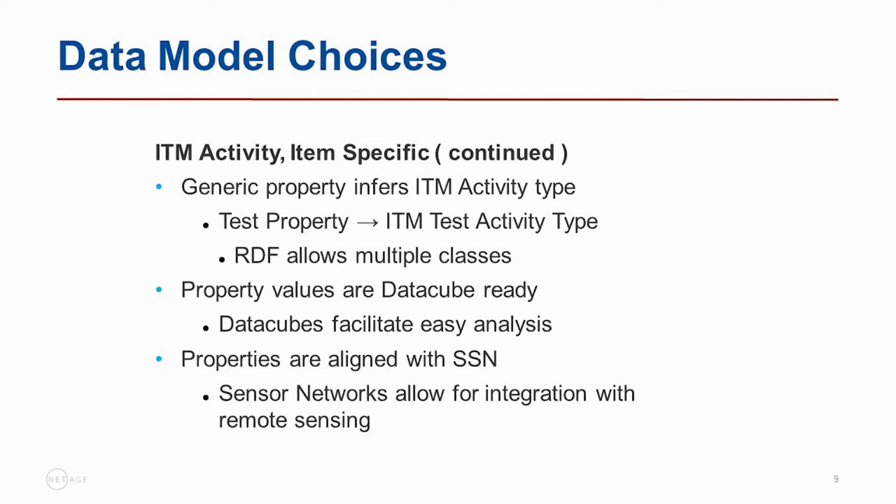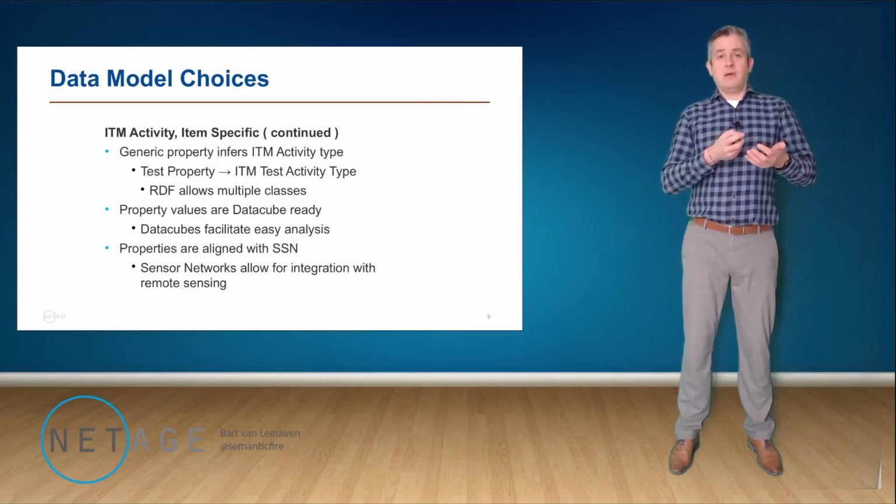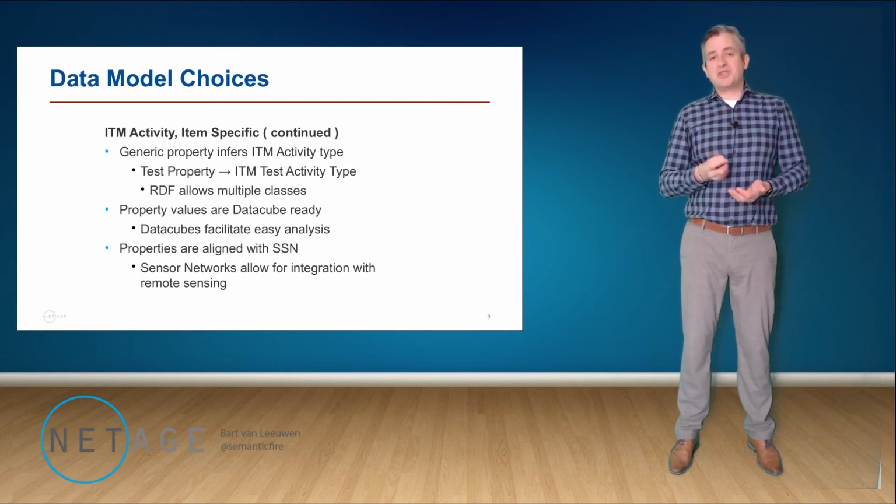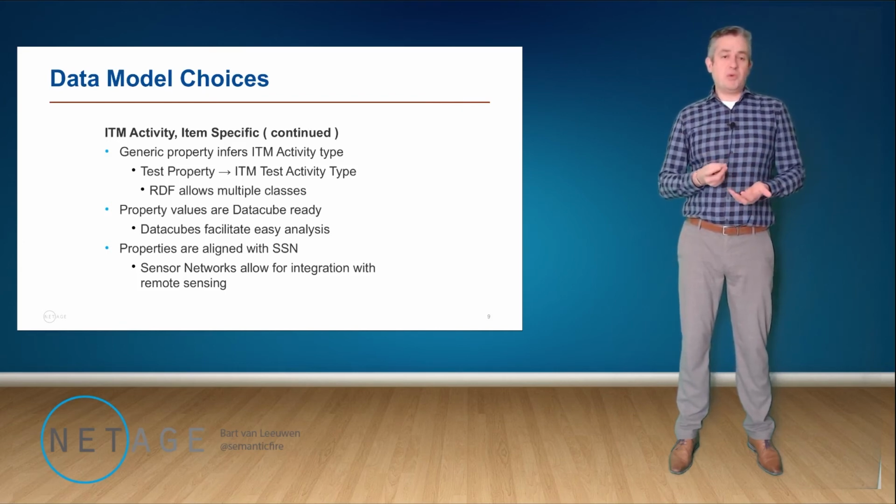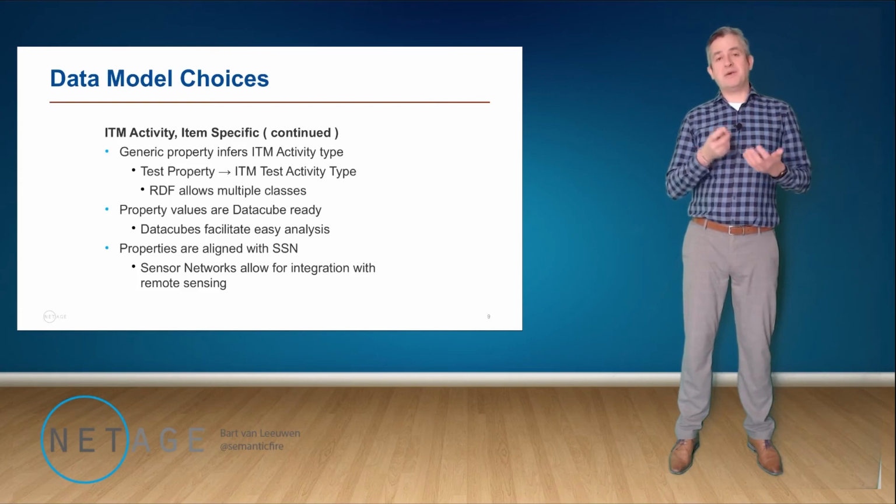The other part we've looked at is, can we align these properties to SSN, semantic sensor networks? Although it's not completely in scope, it did seem to work pretty well. So we now have sensor networks that allow integration of remote sensing and testing.